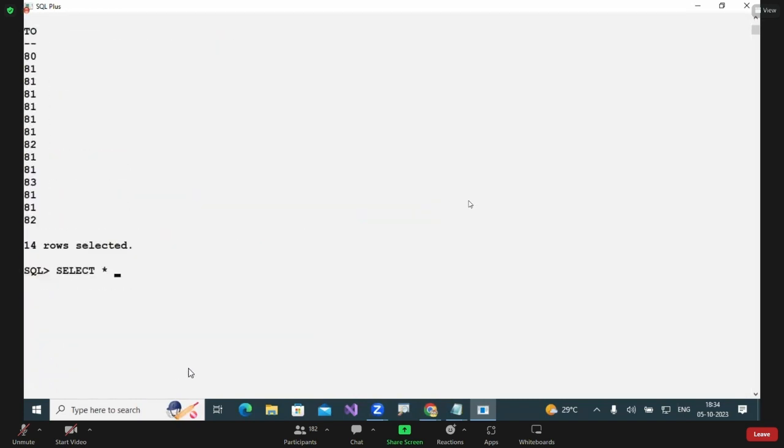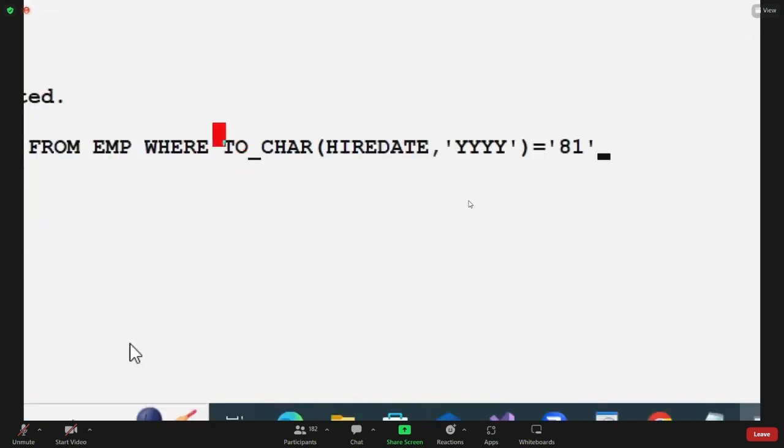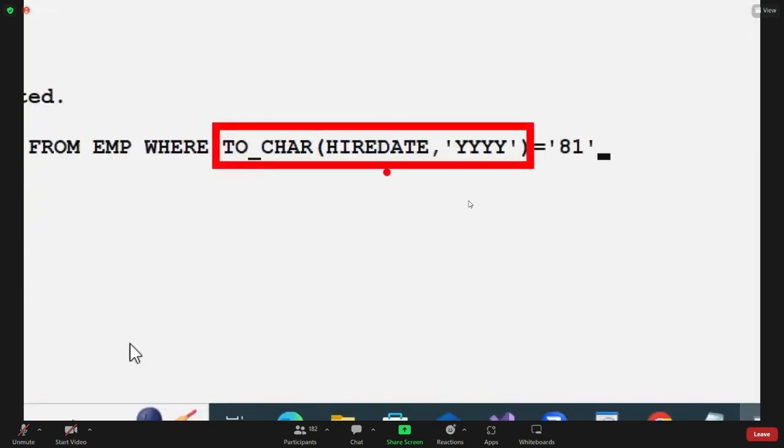What is my requirement? SELECT * FROM EMP WHERE TO_CHAR of which column I have to compare? HIREDATE. Observe carefully: suppose you are passing the interval of 4 digits, but your comparison value is 2 digits. Actually, as per my interval, this TO_CHAR function returns my year in 4-digit format, that means 1981.